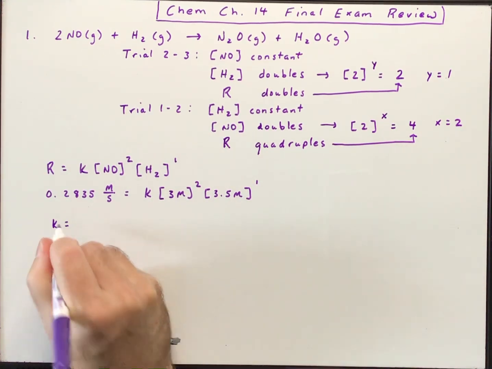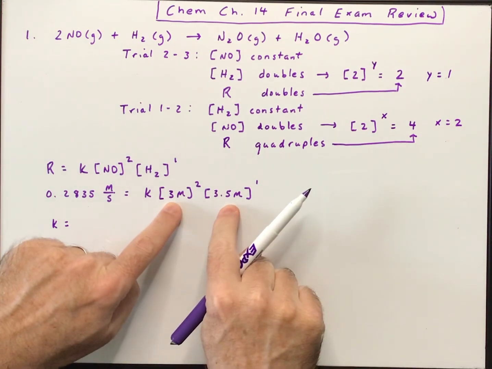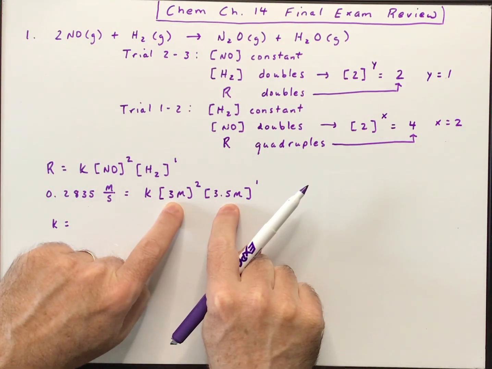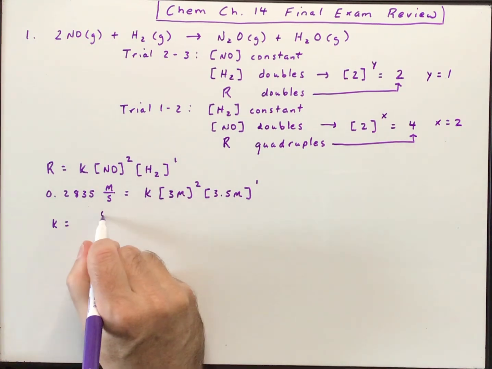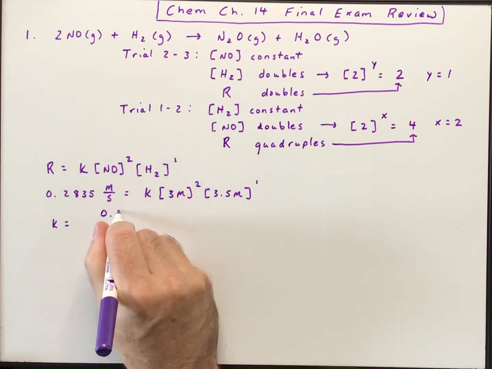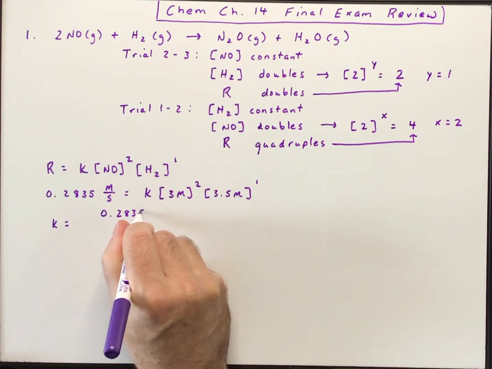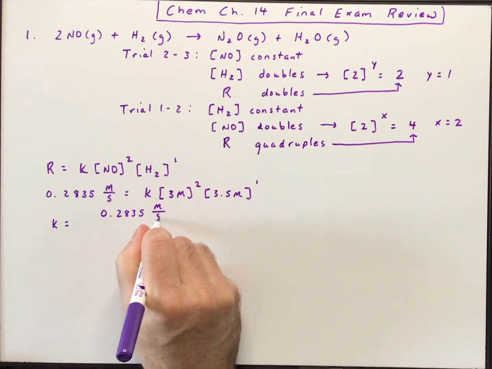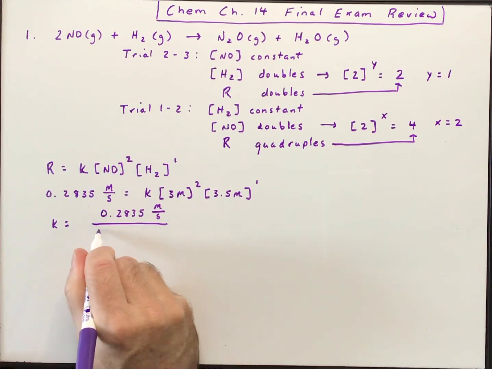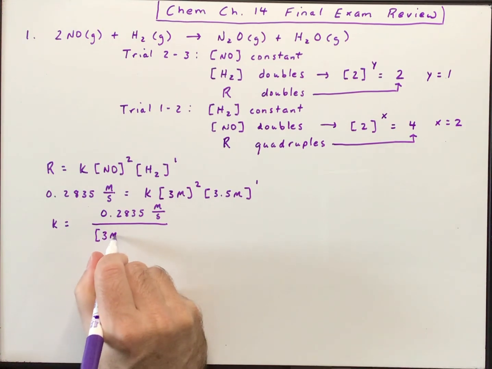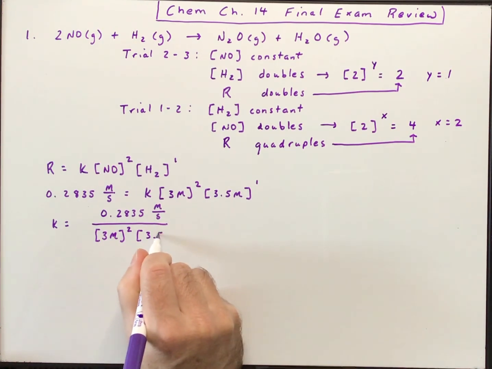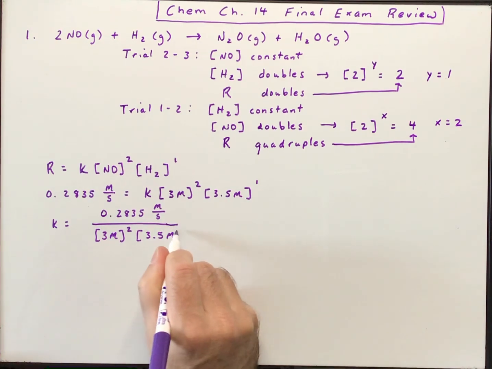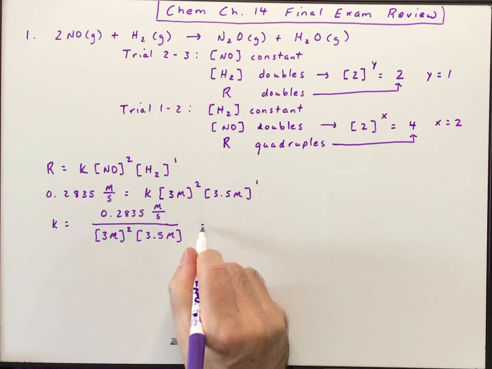So for K, to do the algebra, divide both sides by these two. So we're going to bring them underneath. So 0.2835 divided by 3 molars squared times 3.5 molars. That's to the first power, which of course you don't have to write the 1.